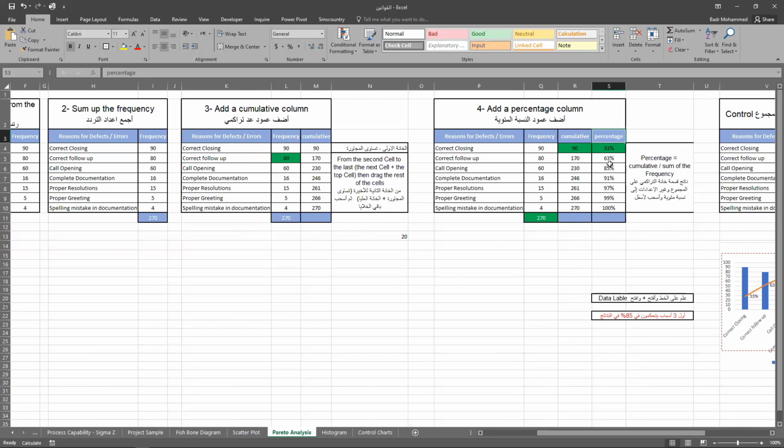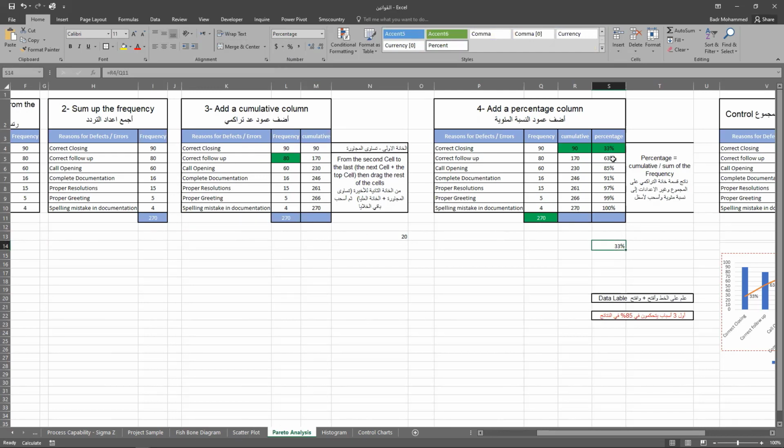So percentage equals the cumulative divided by the total of the frequency. The cumulative 90 divided by 270, which is the total of the frequency, equals this percentage. This is 33%, and so on.